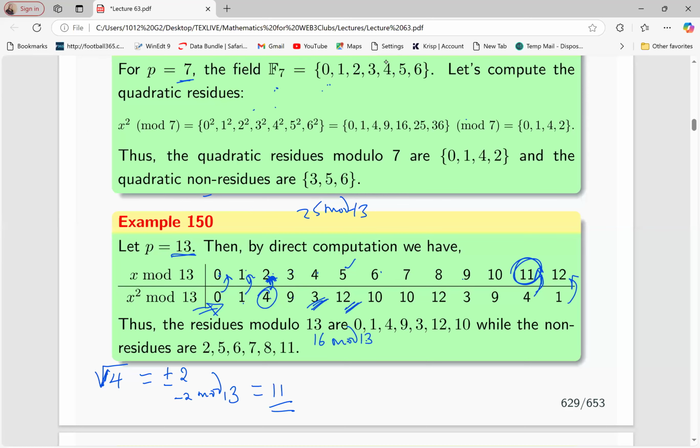The square root of 9, of course, we know will be plus 3 or negative 3, but negative 3 mod 13 is 10. So just take negative 3 and add 13 to it until you get a positive number. That's what we mean. And that's the same thing we did here: when you had negative 2, we just added 13 and got 11.